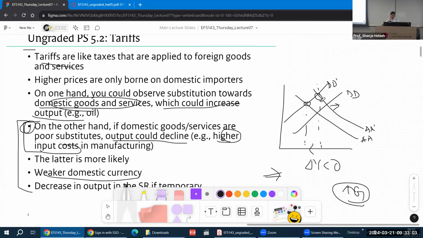An example would be tariffs on cheap goods and services actually benefiting local goods and services, because I think it's very easy to produce cheap manufactured goods. But for stuff like computer chips, right, this is going to hurt your economy quite badly if you do this.